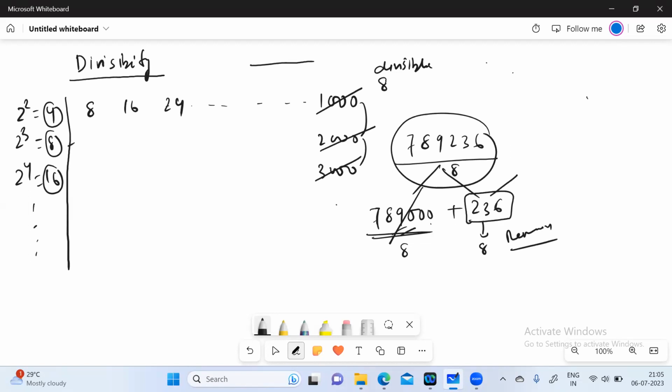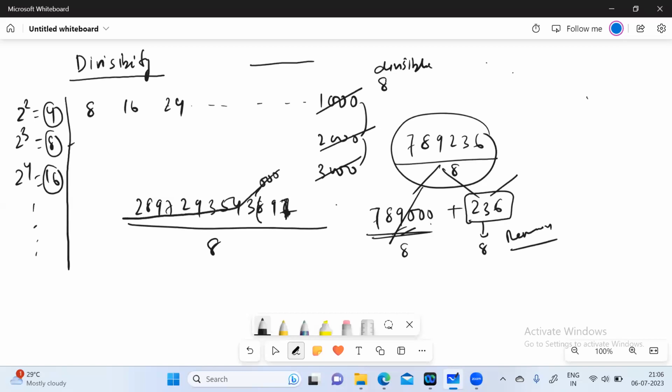So if someday a question comes like 2897293543897, and someone asks you what the remainder is when it is divided by 8, you know that this number can be broken into this many thousands, all of which will get divided by 8.